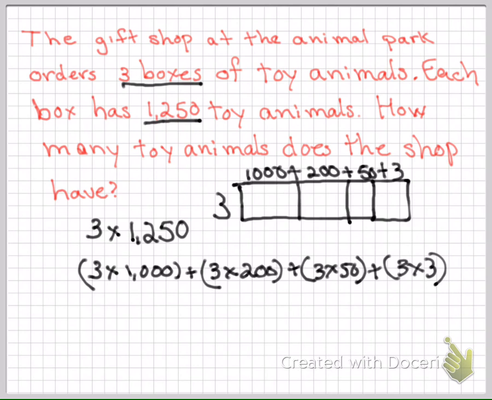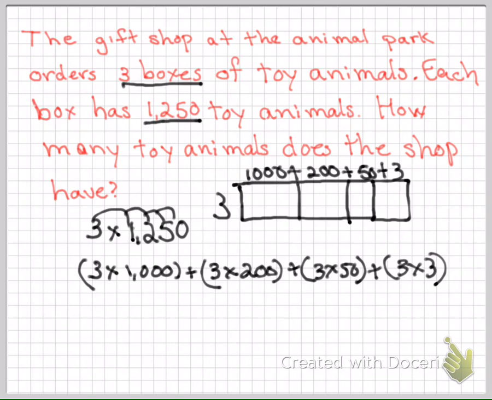This is the expanded form, or the distributive property rather. I have distributed the 3 into all of these numbers, into the thousands, into the hundreds, into the tens, and into the ones. Now what we do is we go ahead and we do the math.